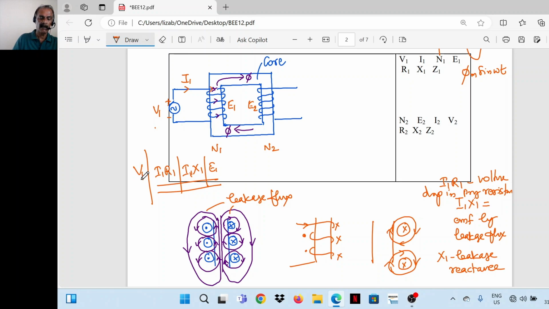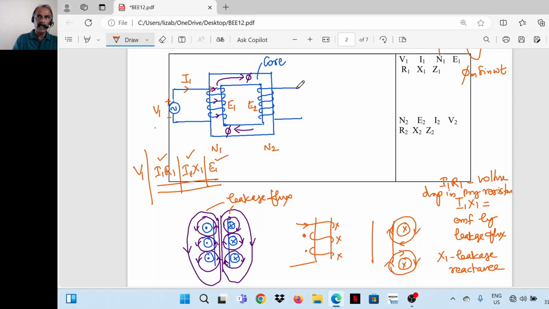So V1 is equal to I1 into (R1 plus jX1) plus E1, or the sum of all these phasors is equal to V1. So the primary applied voltage V1 is counterbalanced by the ohmic drop, the leakage reactance drop, and the EMF induced by the mutual flux, or the main flux through the core.